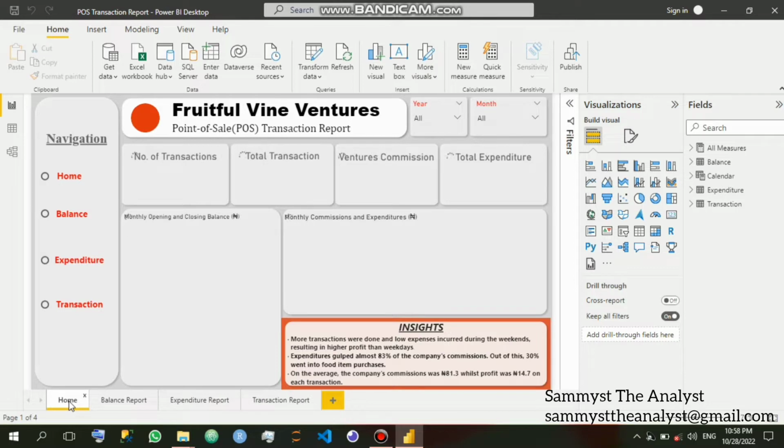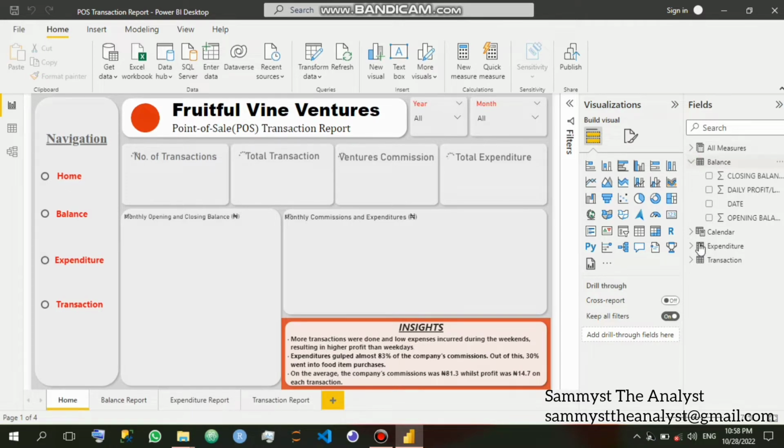and this data is categorized into three. If you come to the field pane here, you will see that we have the balance. This particular tab shows the records of the opening and the closing balance for each day.